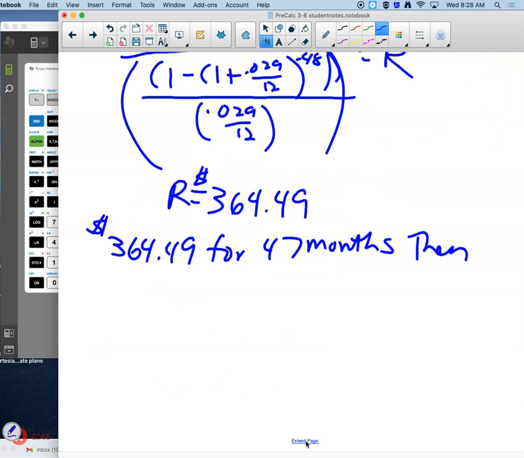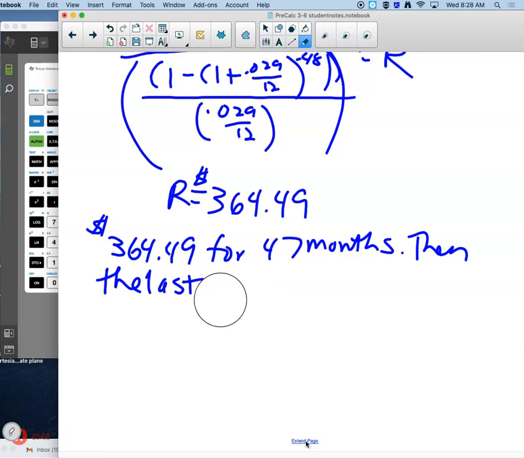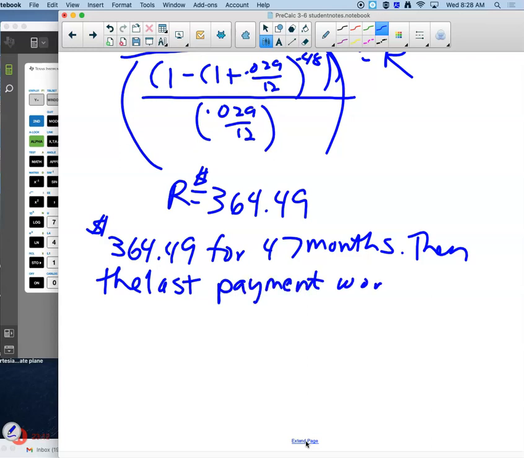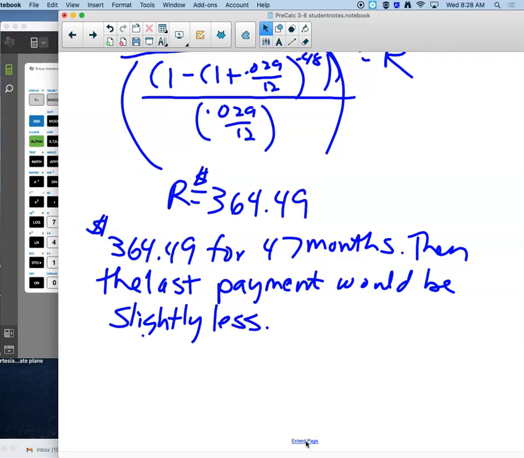Then the last payment would be slightly less. And that's because we rounded up. So you'd have a penny every time that you're making one of these monthly payments that would come out of that last payment that you've made.